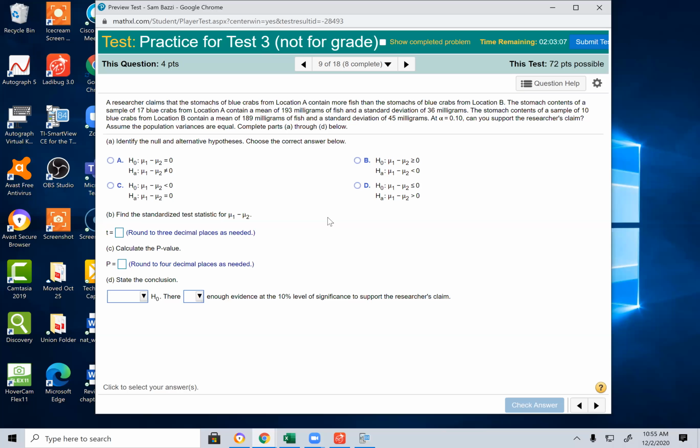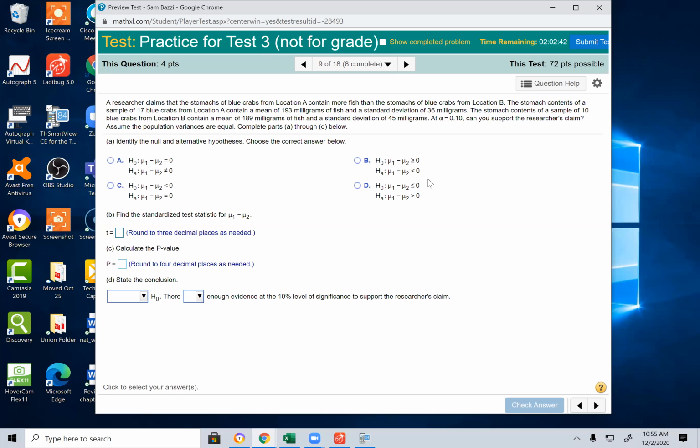Okay, there's another one. A researcher claims that the stomachs of blue crabs from location A contain more fish than the stomachs of blue crabs from location B. Which one would be the claim? The blue crabs from location A is 1 and location B is 2. We want to check if mu1 is bigger than mu2.